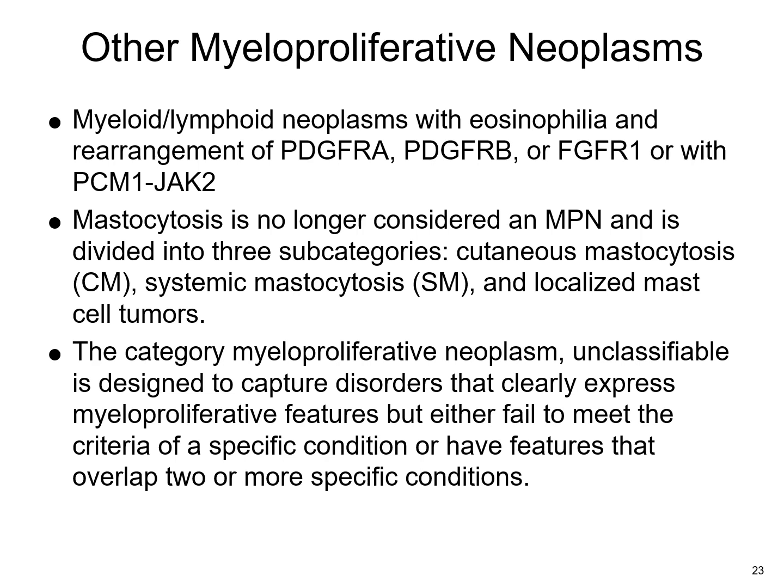Now, the category myeloproliferative neoplasms, unclassified, is designed to capture disorders that express myeloproliferative features but don't really fall into any of the specific categories or meet the criteria for the specific conditions, or they have features that overlap multiple specific conditions. So it's just lumped together into one because it's probably not well understood at this point, or the technology hasn't been developed yet to clearly understand those disease processes.